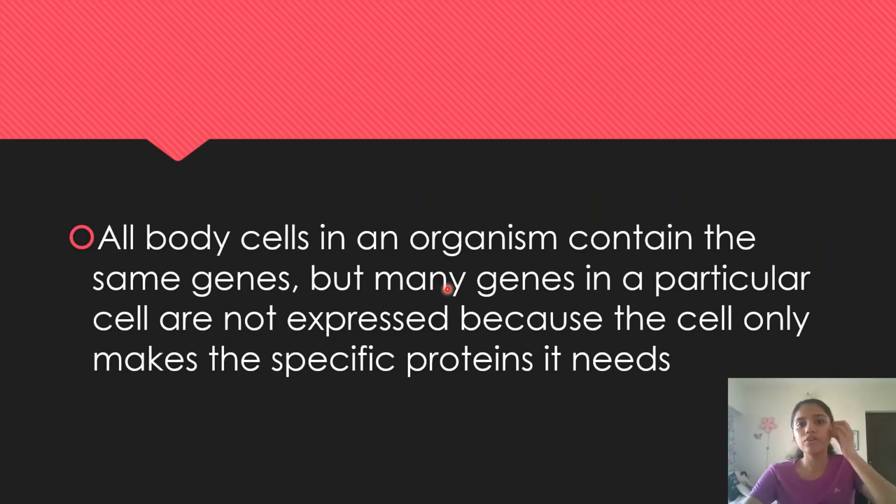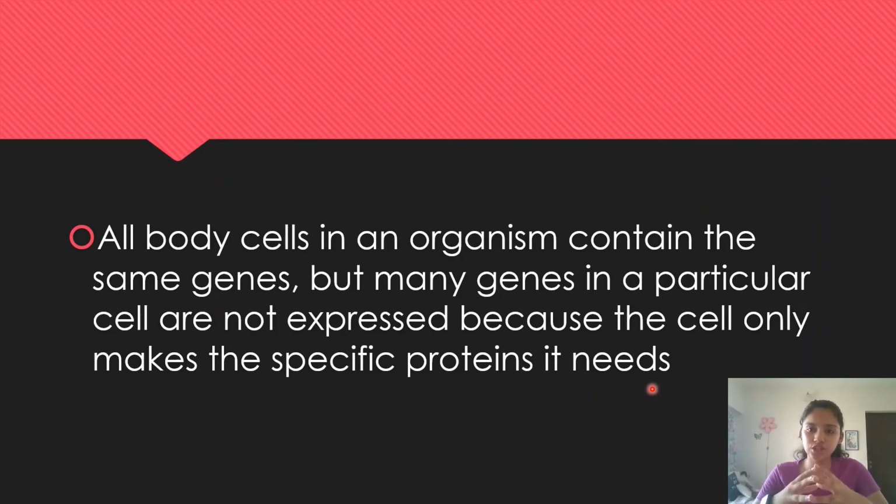Now we're going to look at this. This is something that you need to be able to explain or state. This is also taken directly from your syllabus. All body cells in an organism contain the same genes, but many genes in a particular cell are not expressed because the cell only makes the proteins it needs. So basically, you have genes for height, genes to make enzymes, genes to make antibodies.